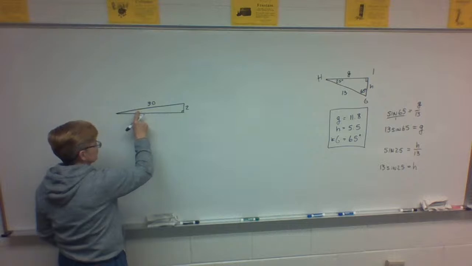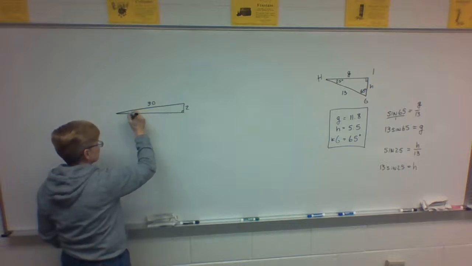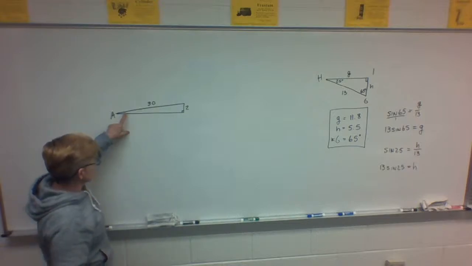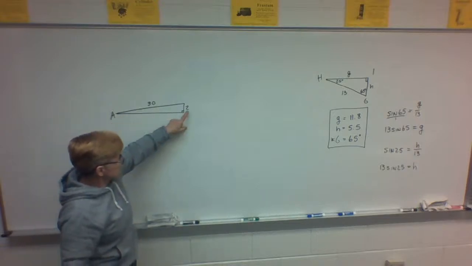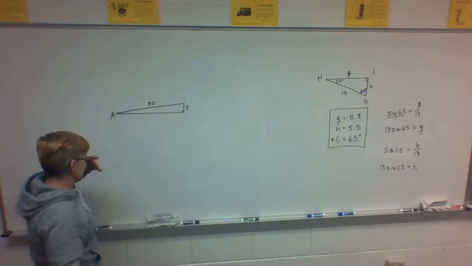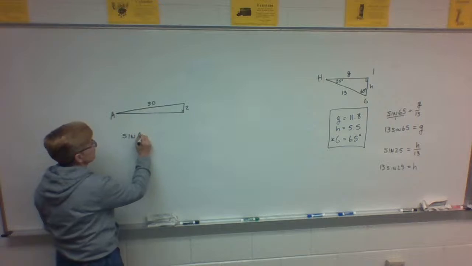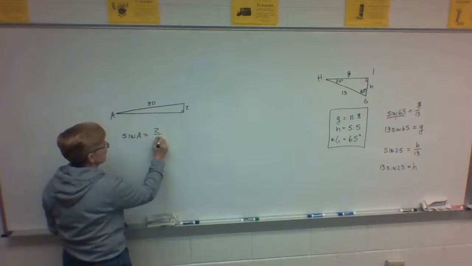I'm going to put theta there. Well, I can call it angle A if you want. So what ties this angle that we wish to know with this opposite side that we have and the hypotenuse? Sine. Once again, sine of A is equal to 2 over 30. How do we find A?